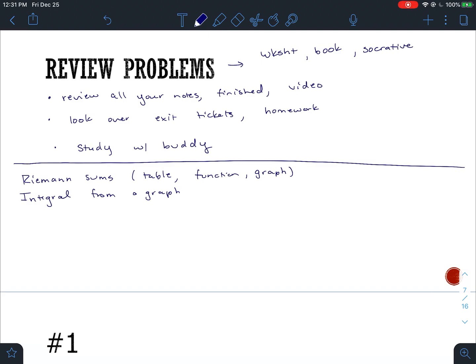So if I give you a graph, make sure you know how to calculate integrals from that graph. You should know how to find antiderivatives, or how to take integrals algebraically, both indefinite and definite. So how to find indefinite integrals and how to find definite integrals.